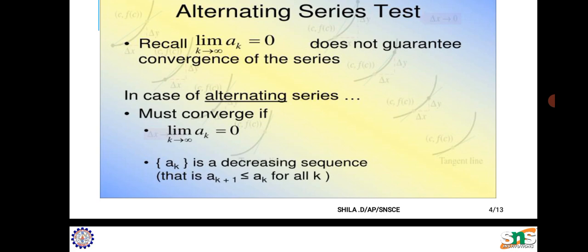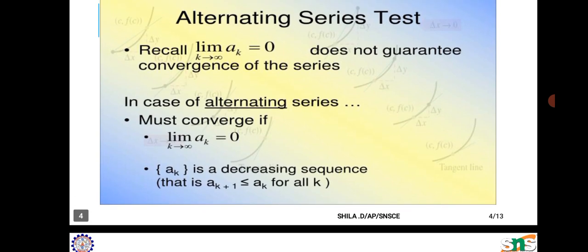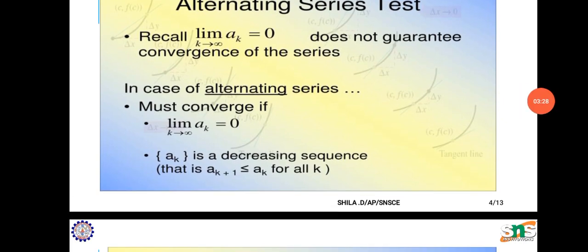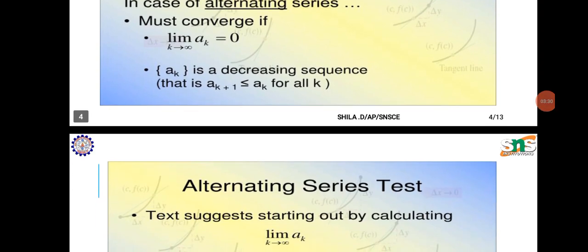The second thing is that the sequence ak is a decreasing sequence, so ak plus 1 should be less than or equal to ak. If both these conditions are satisfied, you can say that it is convergent. You cannot directly say that the given series is convergent or divergent. To prove that it is convergent, these two conditions need to be satisfied. If any one doesn't satisfy, it becomes divergent.